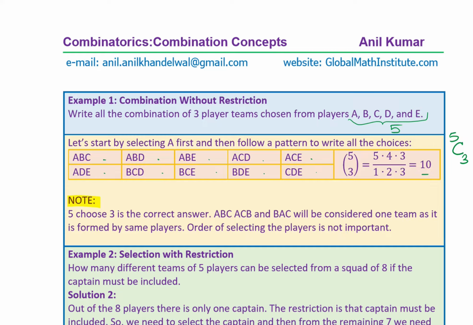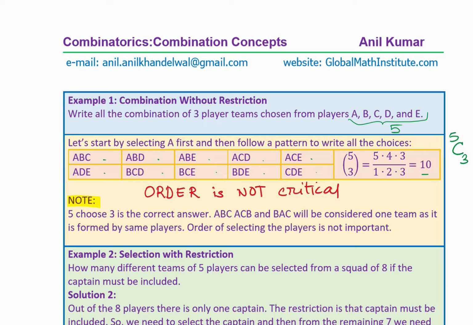If you think A is the first person selected, B is the second, C is the third, well, in the team we have only these 3 members. So it doesn't really matter in which sequence you select. So it is important to note here that order is not critical. Rather, it is not important at all, right? It can be ignored. So whether A is selected first, B is selected first, or C, it doesn't really matter. In this team, if A, B, C is there, they are the same team.